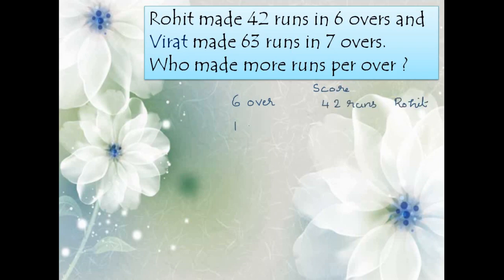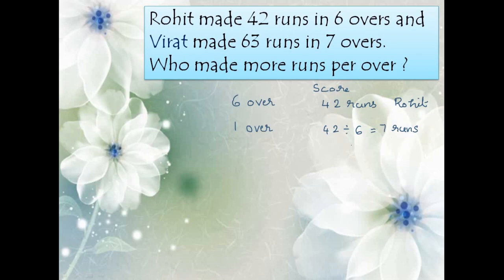Then in 1 hour, what will be the score of Rohit? 6 hours, it is 42 runs. Then in 1 hour, what will be? Correct. 42 divided by 6. It is 7 runs. So, in 1 hour, Rohit made 7 runs.